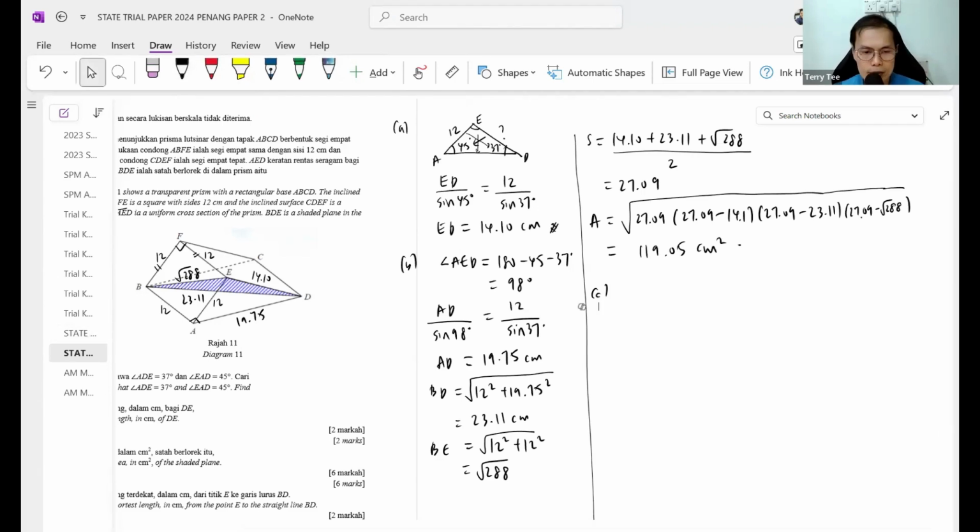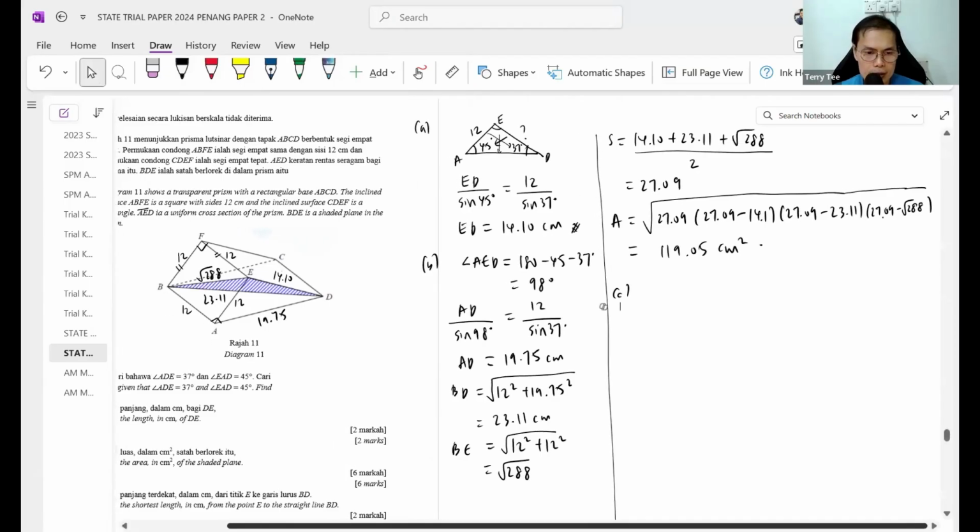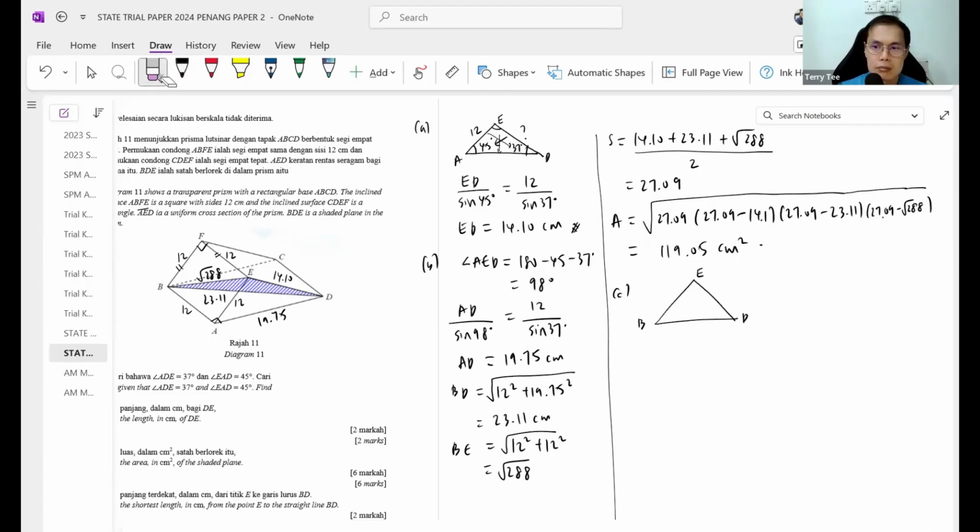Part C, you're finding the shortest length from point E to line BD. If you look at the diagram again, maybe I redraw for you. This is E, this is B, this is D. I'm finding the shortest distance here. We already know the length of the base BD, 23.11, and we know the area of the triangle, 119.05.